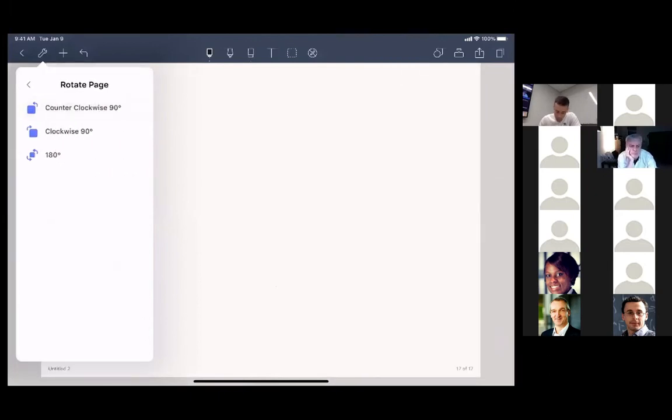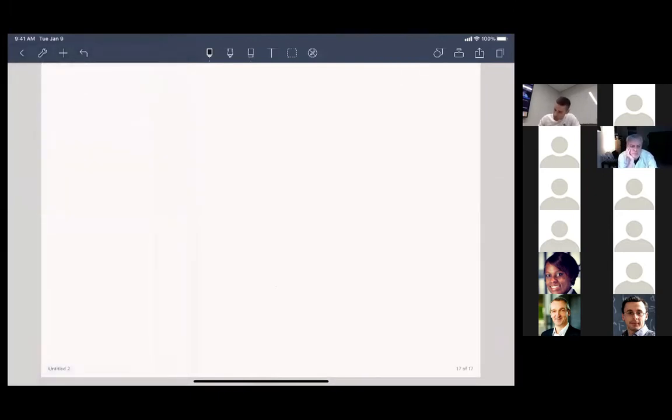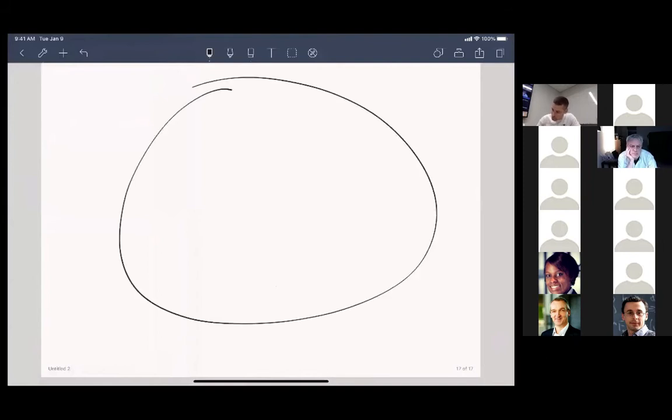Okay, now let me remind you of the beautiful diagram we drew last time, which is, in my mind, the quintessential diagram at issue here.